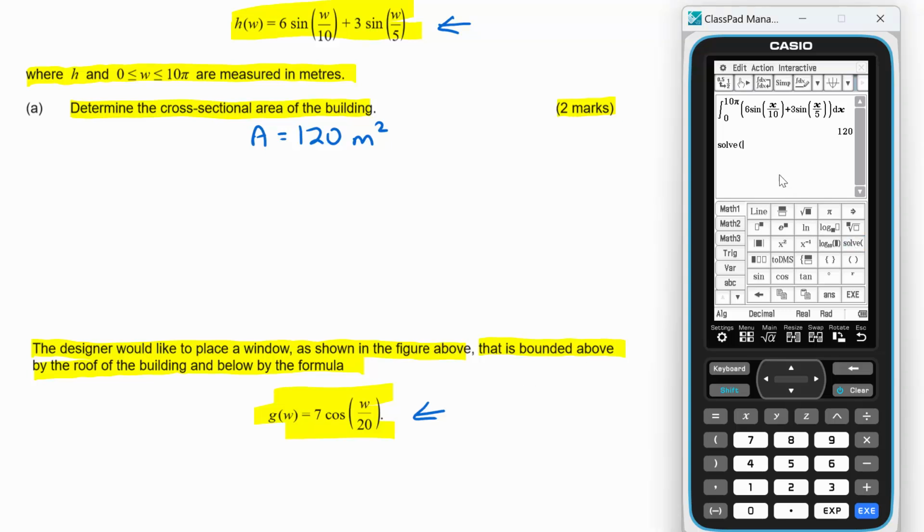So let's grab that, solve, and we've already got the first expression just here. So let's grab that and bring it in here. And then we've got 7 cos, and that one is going to be x over 20.